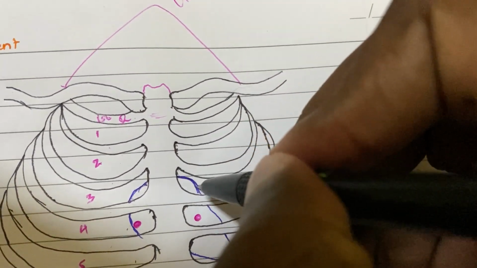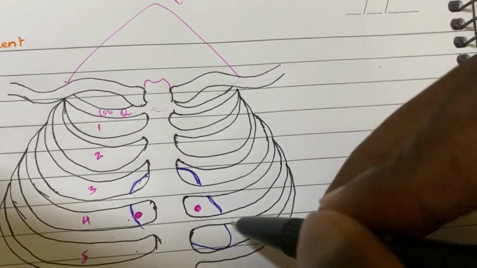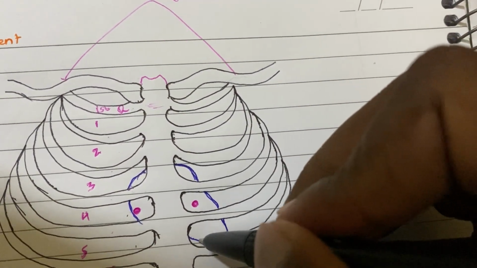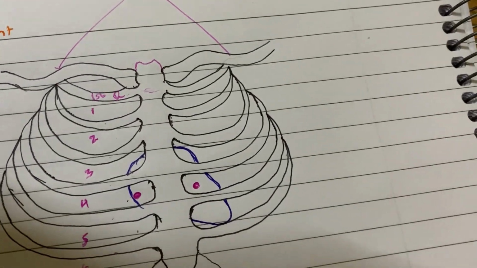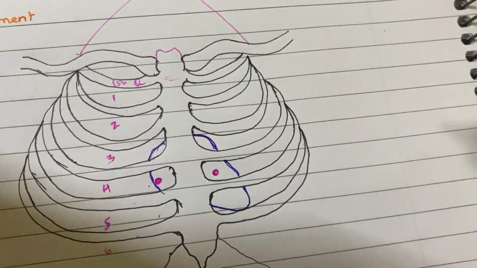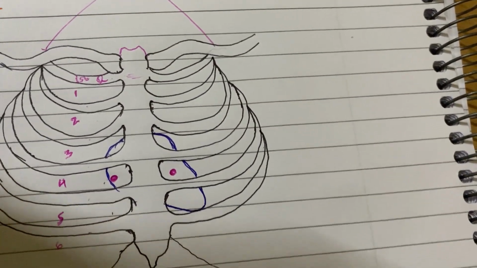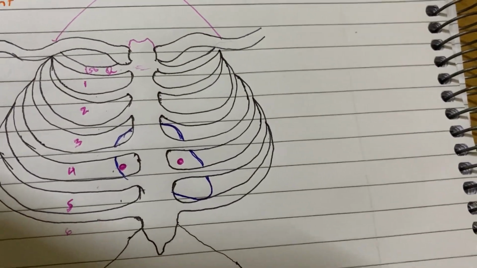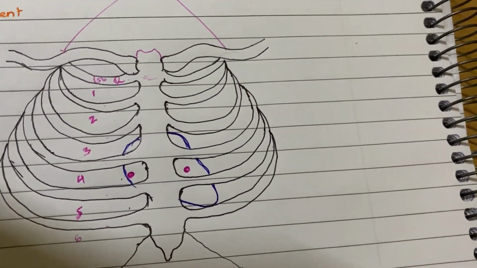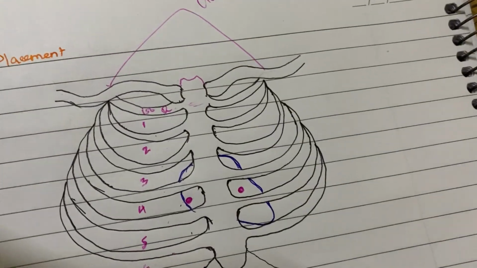We have put it inside here. This is the heart. So this point is the fourth intercostal space at the right sternal border. Fourth intercostal space at the right sternal border.